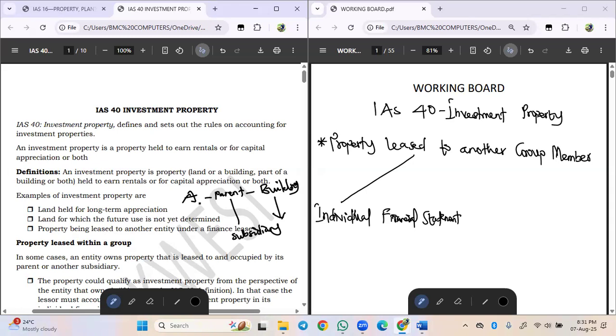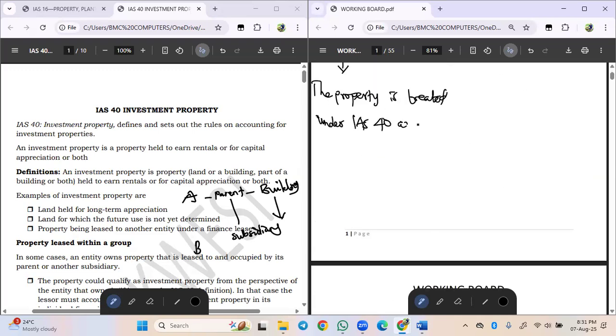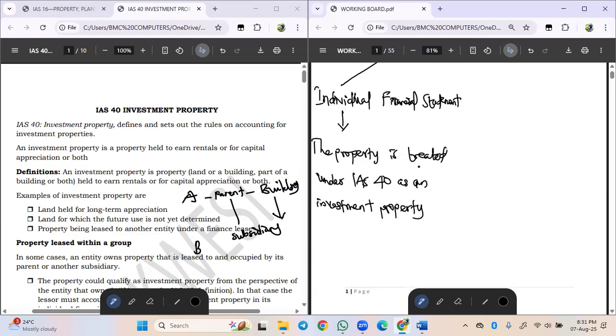So company A has leased the building to another entity, let's say company B. In the individual financial statement, the property is treated under IAS 40 as an investment property. That's the individual financial statement.